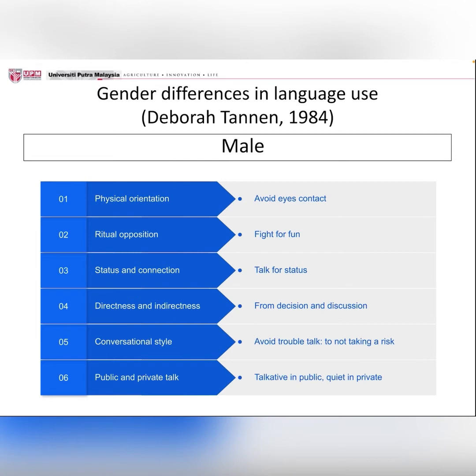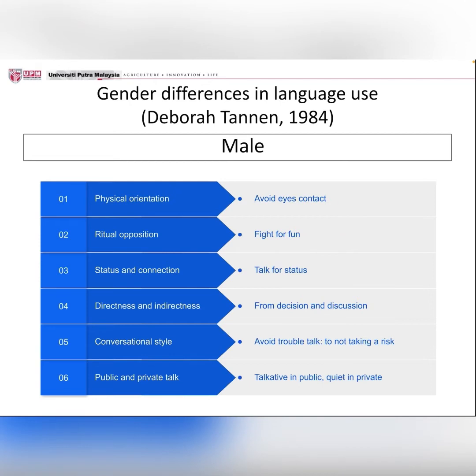Third, status and connection. Males love to talk about something because they want to maintain status. But females talk for solidarity, or they talk based on interests, objectives or standards. Fourth, directness.